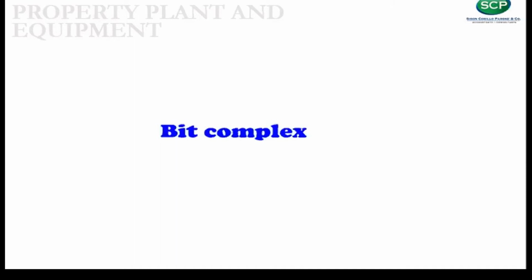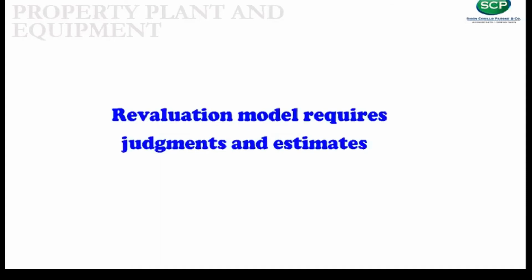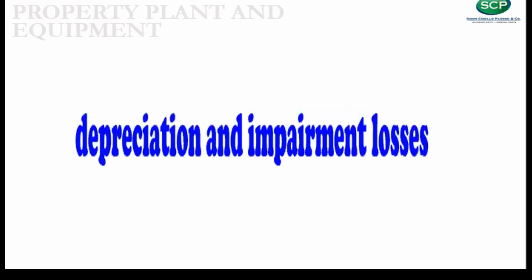The revaluation model requires the use of estimates and judgment in determining the fair value of the property, plant, and equipment. The same is true with depreciation and impairment losses.